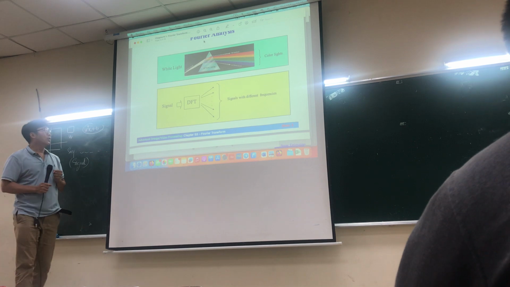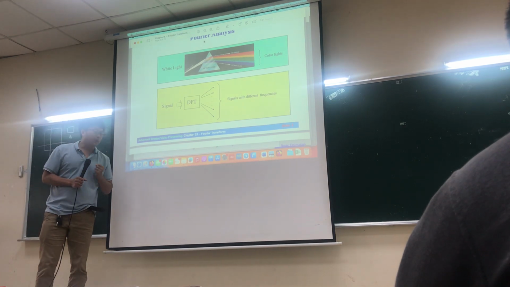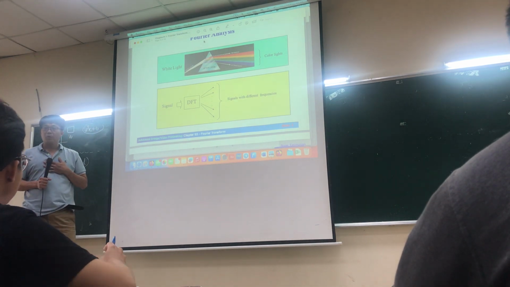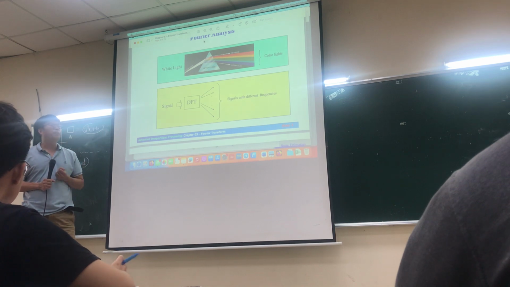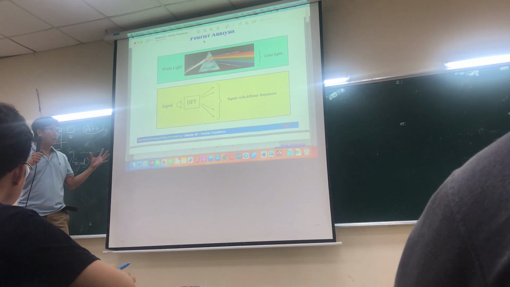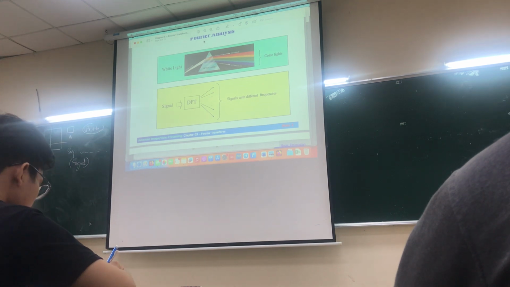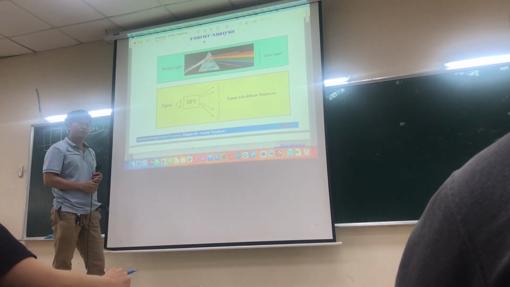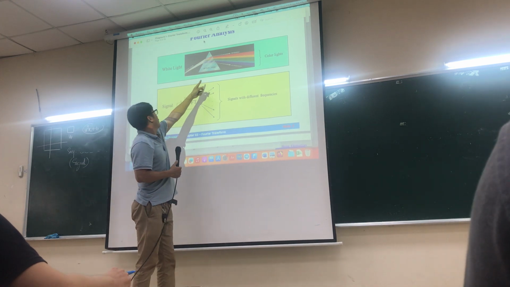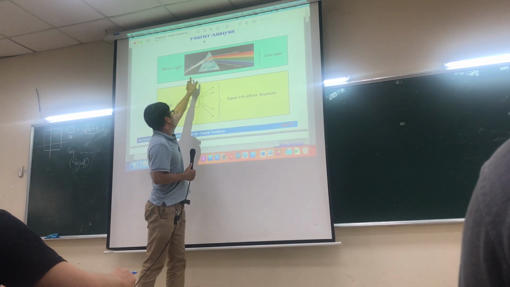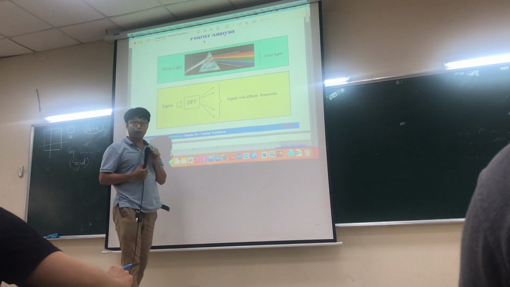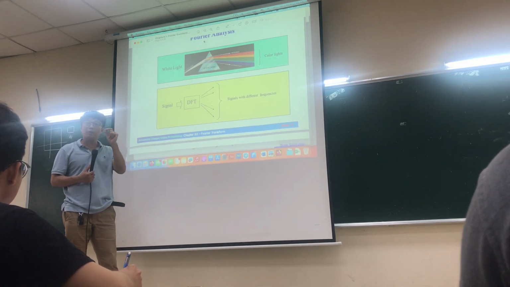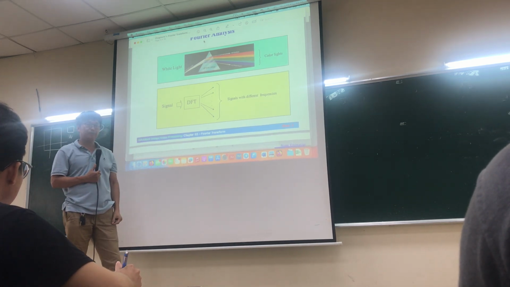Then you can see what the idea of the Fourier transform is. Based on Fourier's theory, every signal is composed of many frequencies. Like with an optical prism, you take the light and you see different colors, because each color corresponds to one frequency.